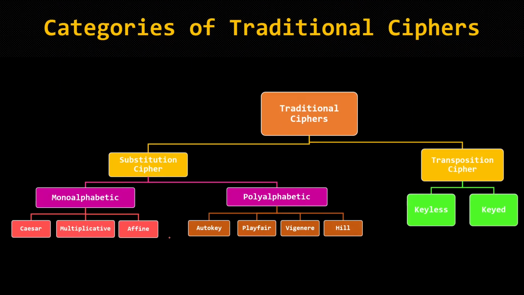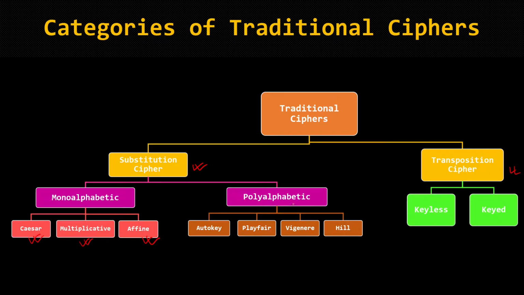Now moving on to the categories of our traditional ciphers. The traditional ciphers can be divided into two parts: the substitution cipher and the transposition cipher. The substitution cipher can be categorized into two types again: the monoalphabetic cipher and the polyalphabetic cipher. The monoalphabetic cipher can be divided into the Caesar cipher, the multiplicative cipher, and the affine cipher.